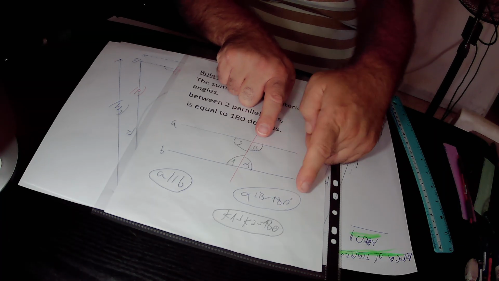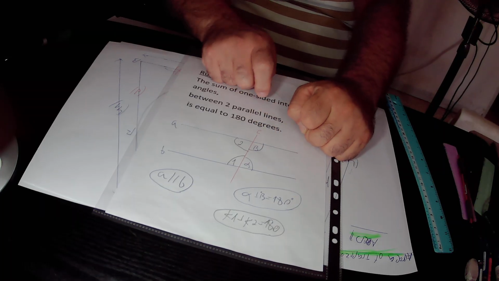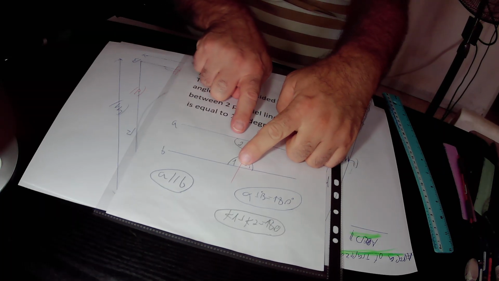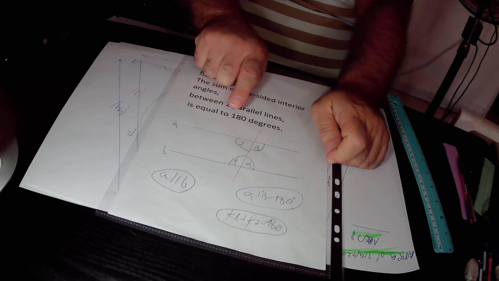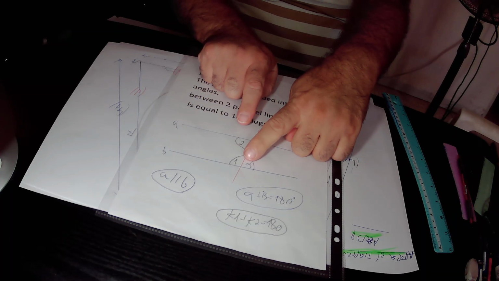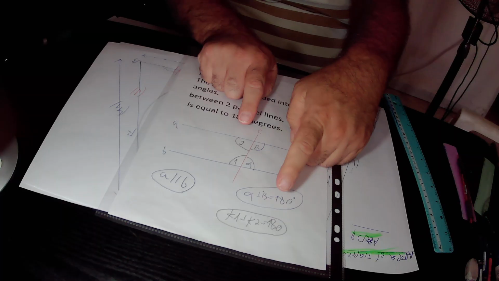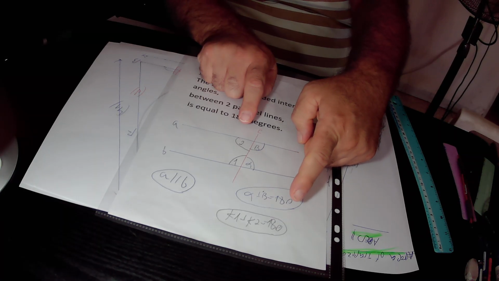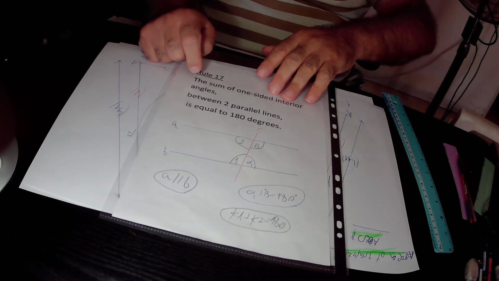That is to say, alpha plus beta equals 180 degrees. Likewise, angles 1 and 2 are one-sided interior angles between the parallel lines, so angle 1 plus angle 2 equals 180 degrees.